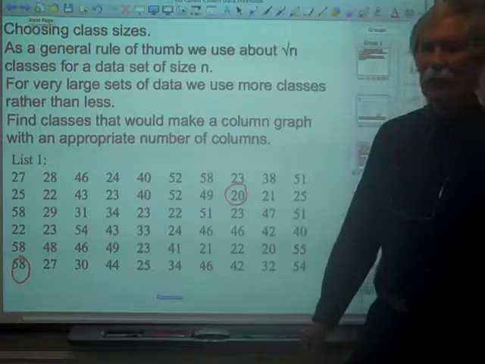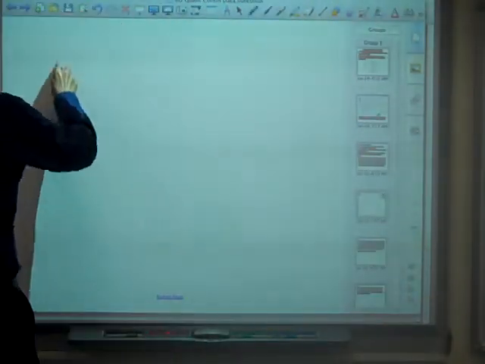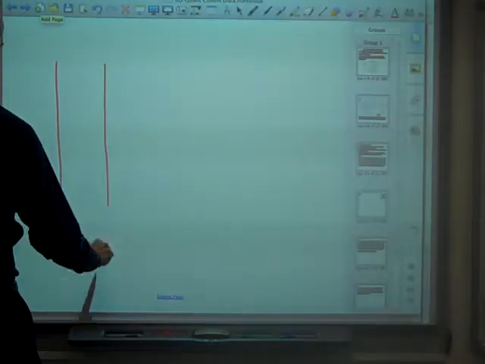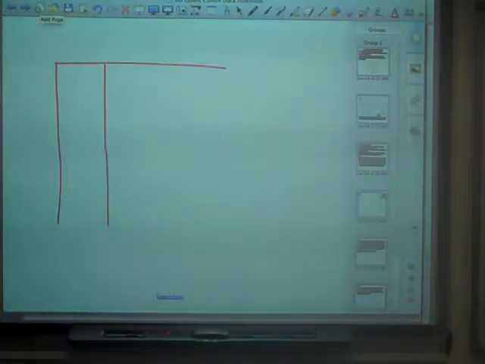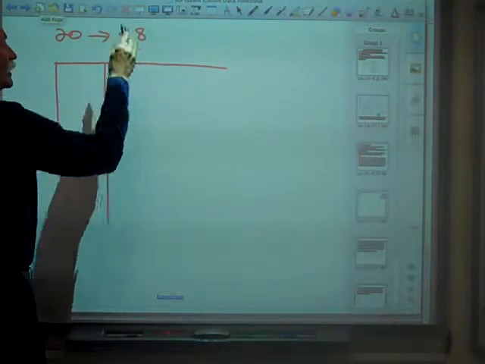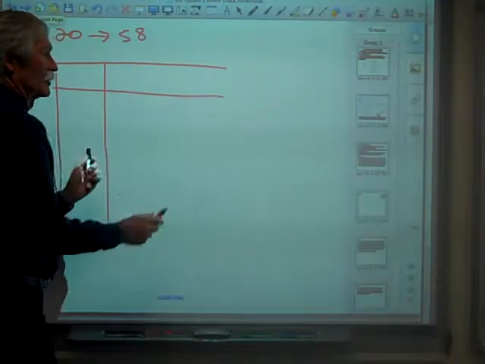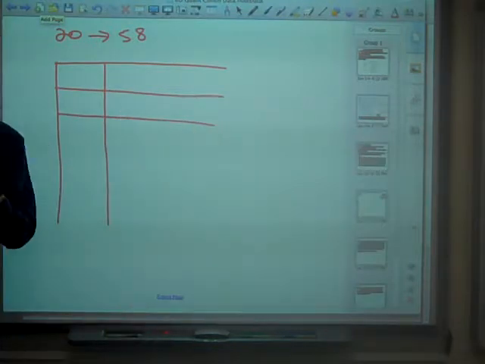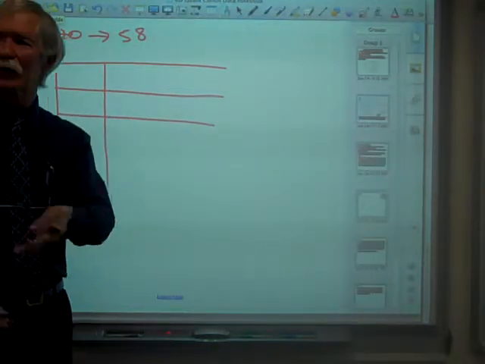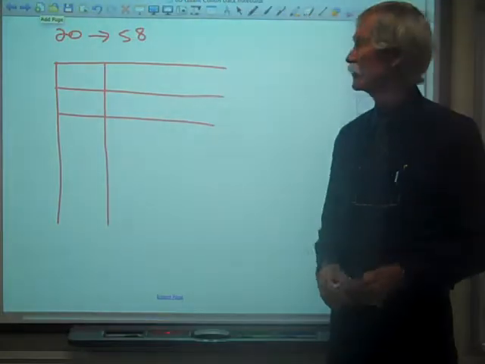So my categories need to start at 20 and go up to 58. How big should each little category be so that I end up with 6 or 7 or 8 or 9 little groupings?